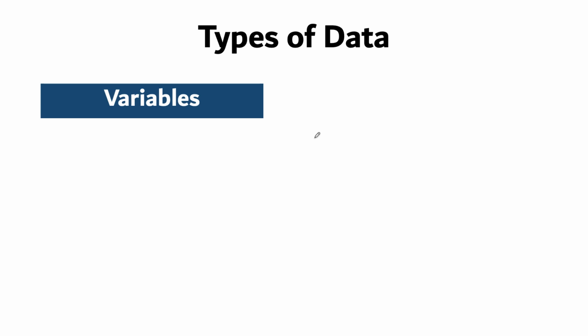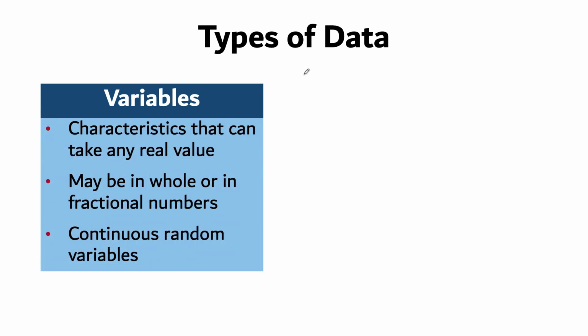There are two types of data. The first, we call variable data. This is a characteristic that can take any real value, any value that we can measure. This type of data may be a whole number or a fraction or decimal number. This variable data is in the continuous random variable form.